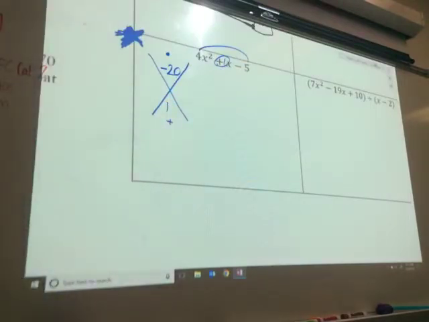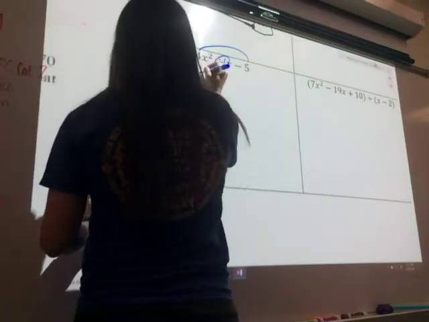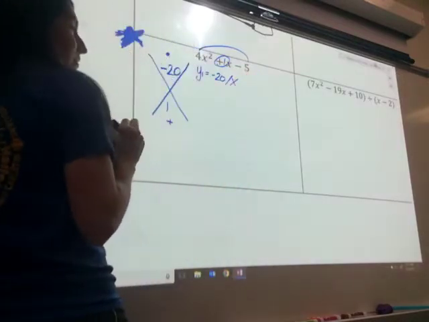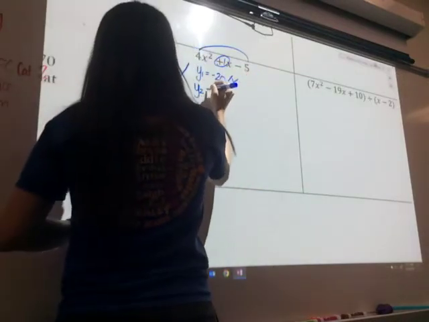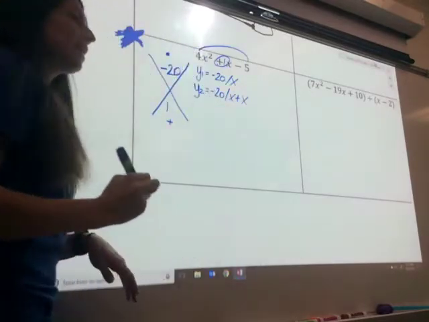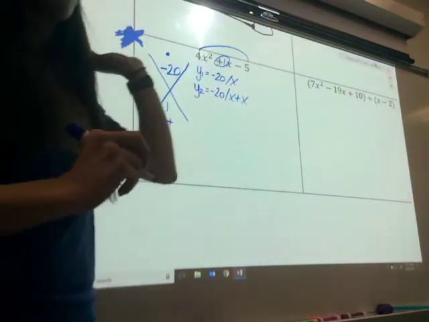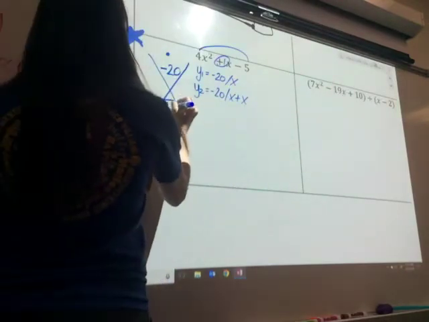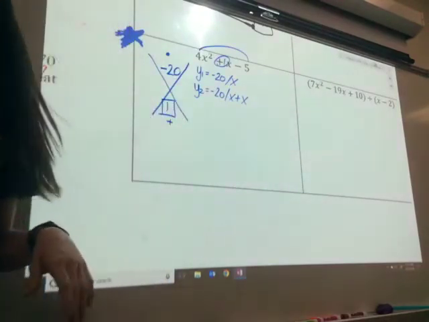Now, my calculator can do the rest of it for me, right? In my y1 column, I say negative 20 divided by x. In my y2 column, I say negative 20 divided by x plus x. And then I look in my y3 column for my answer, right? I look in that last column for 1.